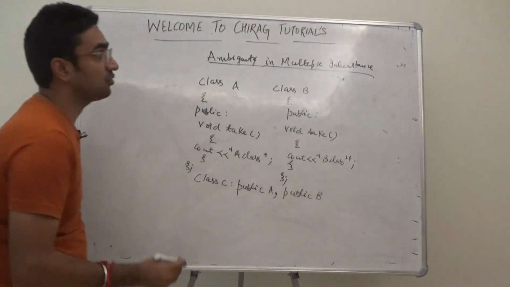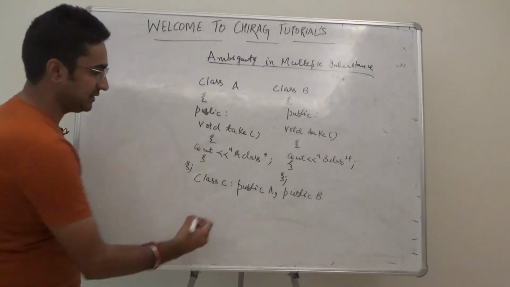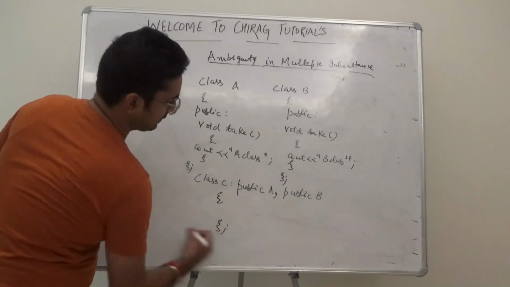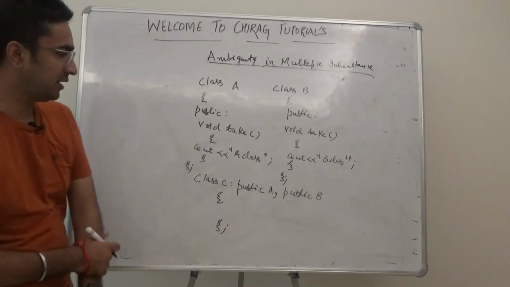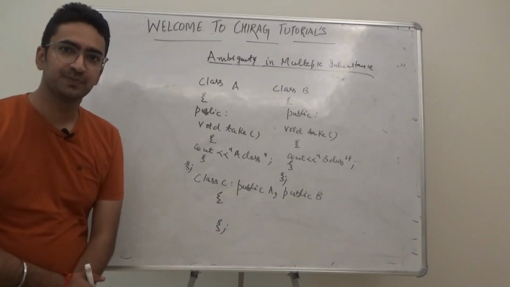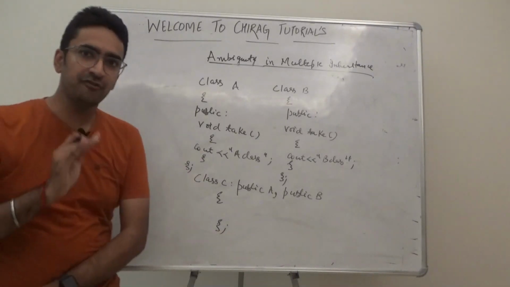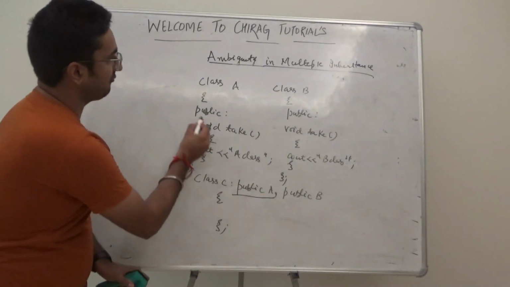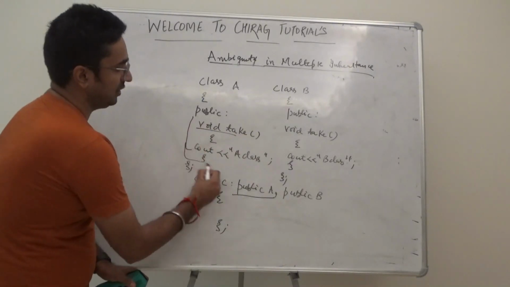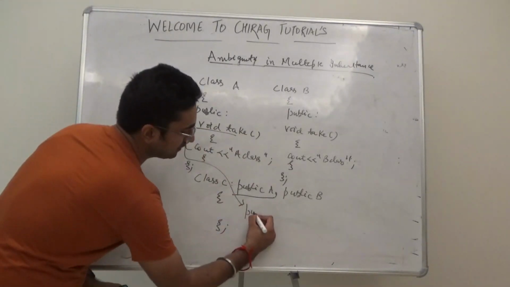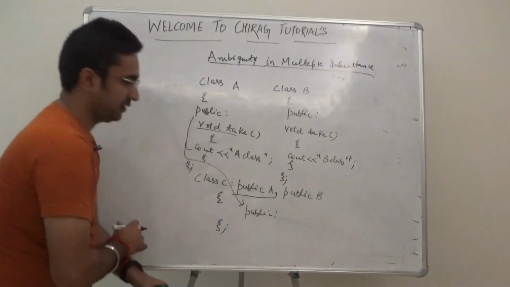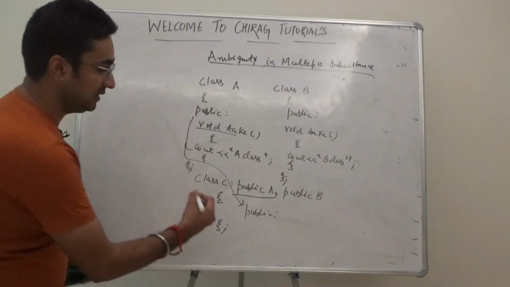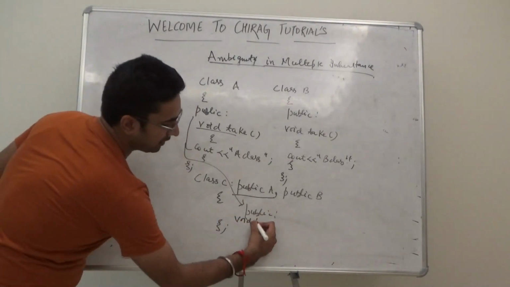It means this is a concept of multiple inheritance and I create this class as such. So as per the mode of inheritance, both are public. Public of A will go in public section of class C. So it means one void take will be here.